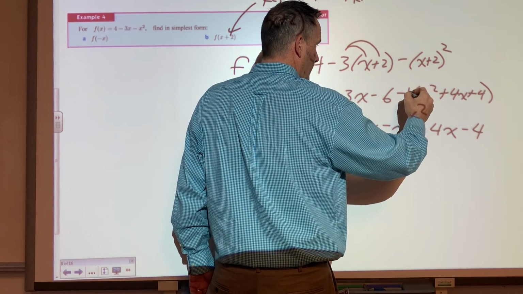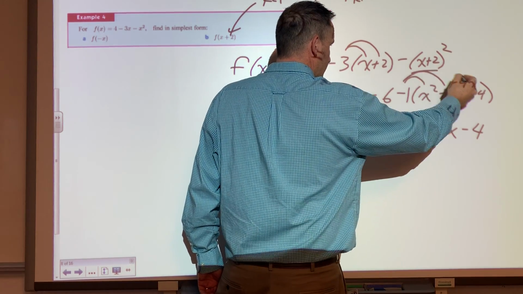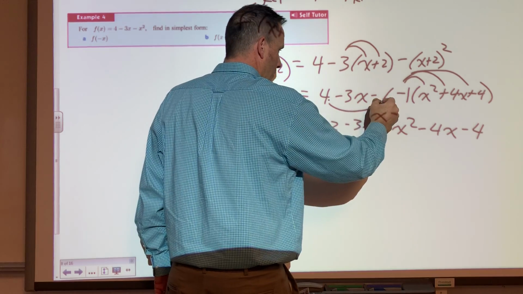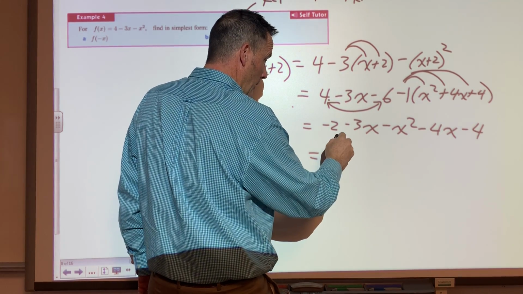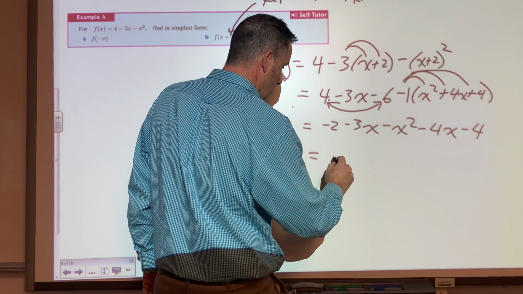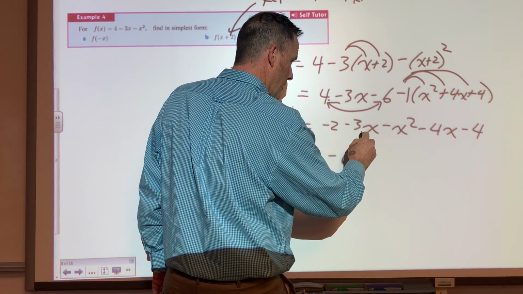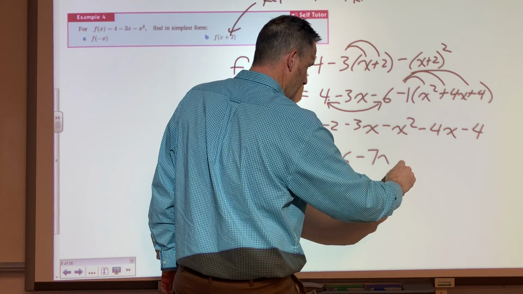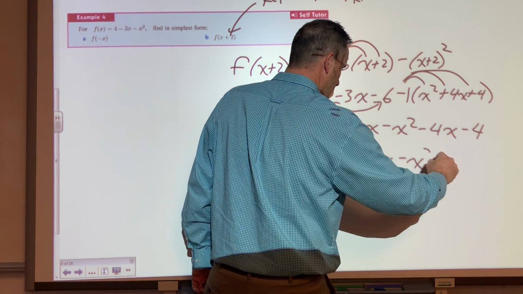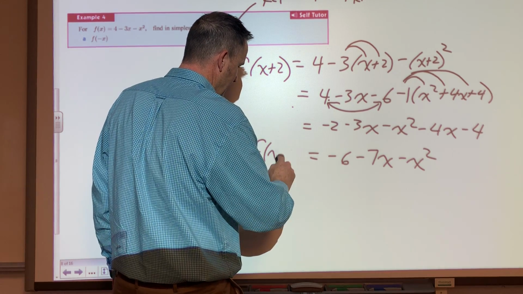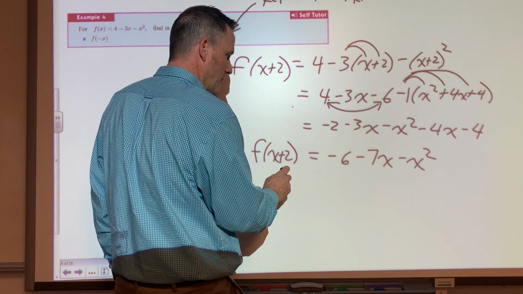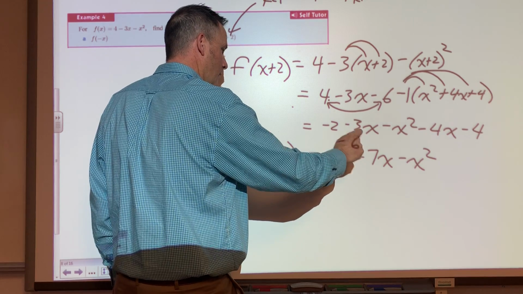So negative 1 gets multiplied by everything in the brackets, and I combine those two. Negative 2 minus 4 is negative 6. Negative 3x minus 4x, negative 7x, minus x squared. So when x is replaced with x plus 2, I get negative 6 minus 7x minus x squared.